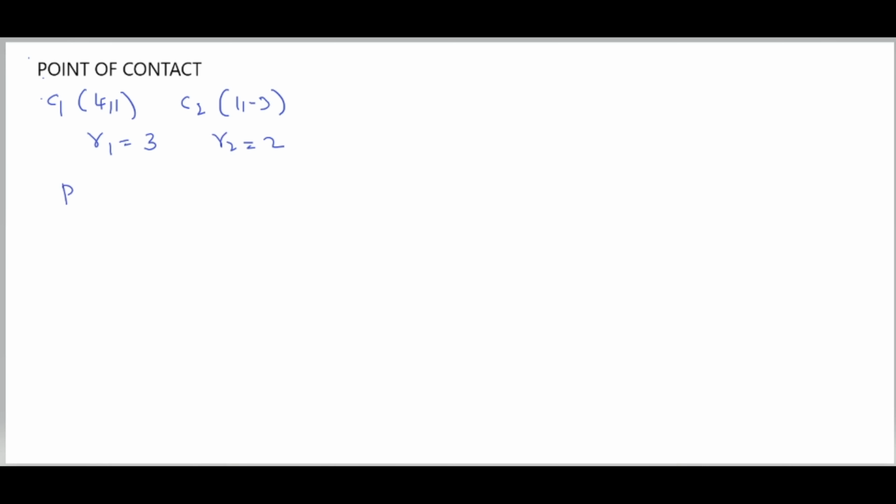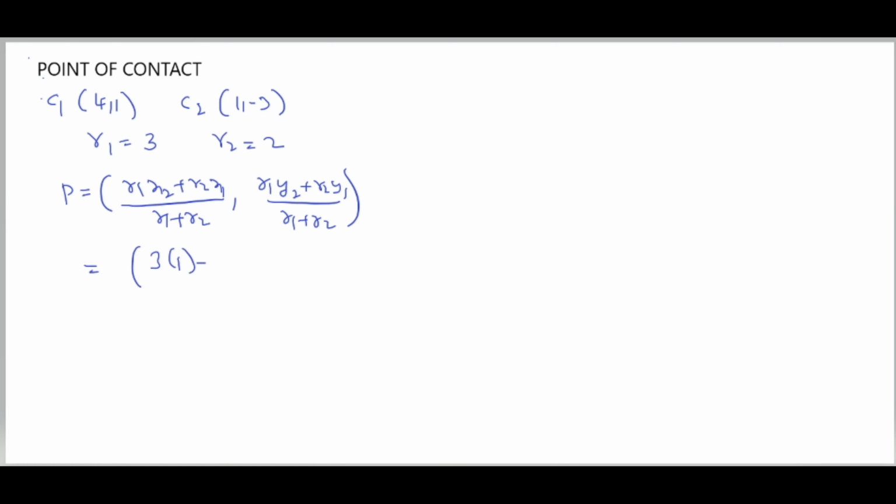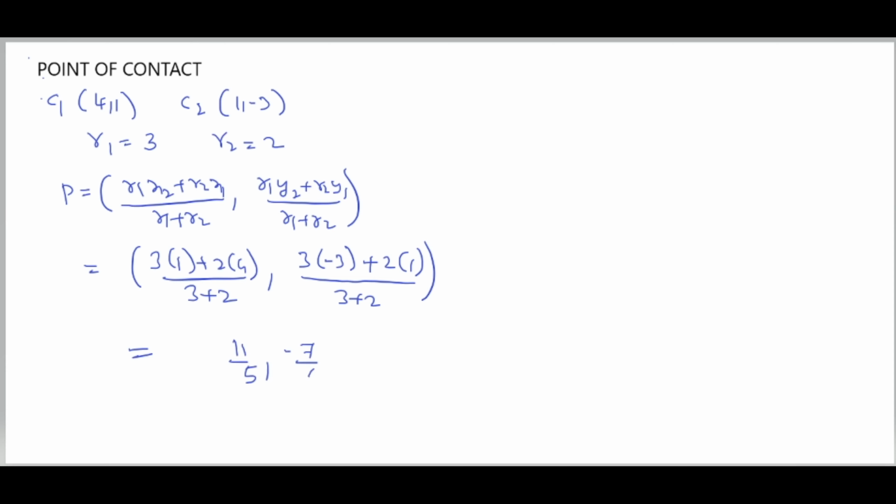So the point of contact P is equal to (R1 x2 plus R2 x1) by (R1 plus R2), (R1 y2 plus R2 y1) by (R1 plus R2), that is equal to (3 into 1 plus 2 into 4) by (3 plus 2), and (3 into minus 3 plus 2 into 1) by (3 plus 2), that is equal to (3 plus 8), that is 11 by 5, comma (minus 9 plus 2), that is minus 7 by 5.